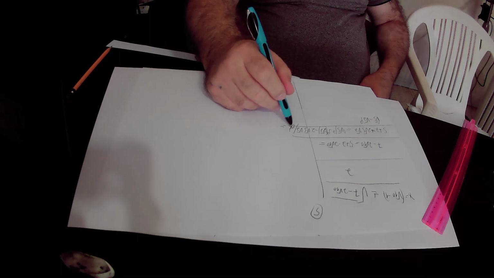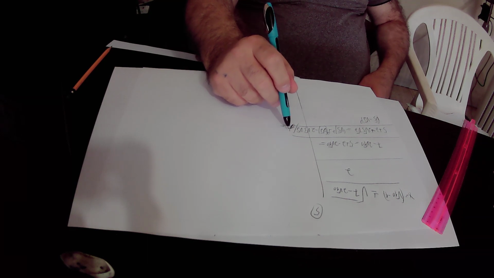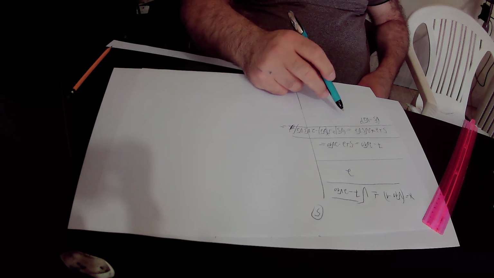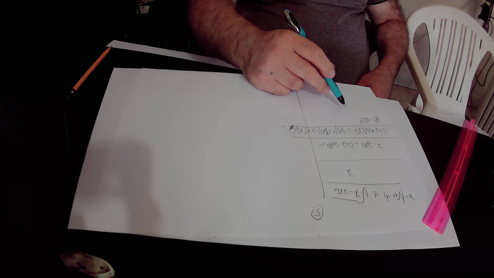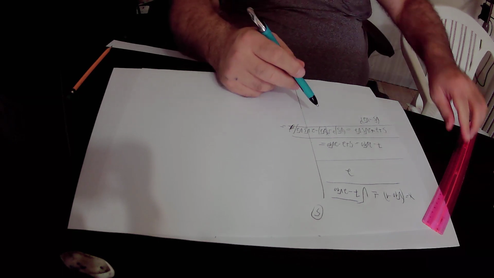So actually we found out that 7 minus 2 times square root of 10 equals square root of 5 minus square root of 2, squared.